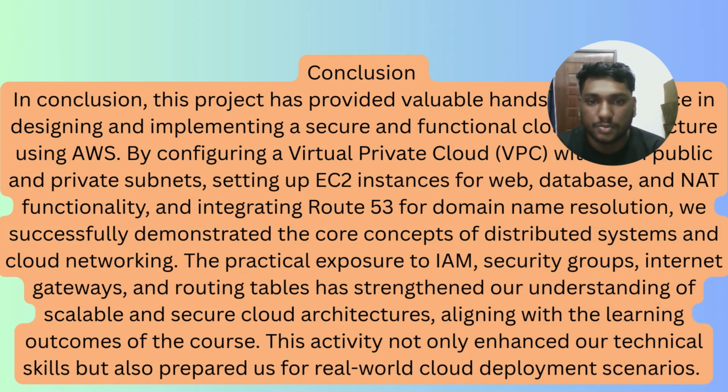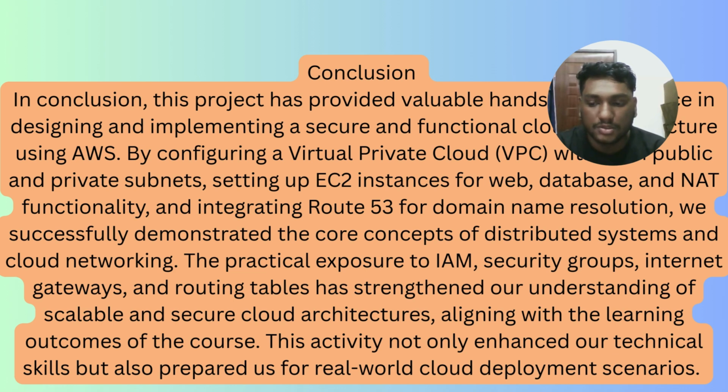In conclusion, this project has provided valuable hands-on experience in designing and implementing a secure and functional cloud infrastructure using AWS. By configuring a virtual private cloud with both public and private subnets, setting up EC2 instances for web, database, and net functionality, and integrating Route 53 for domain name resolution, we successfully demonstrated the core concepts of distributed systems and cloud networking.